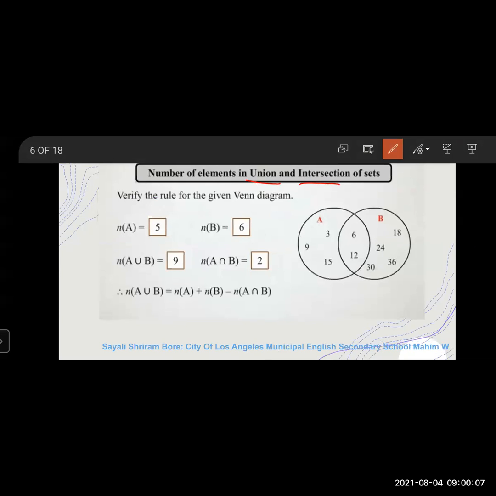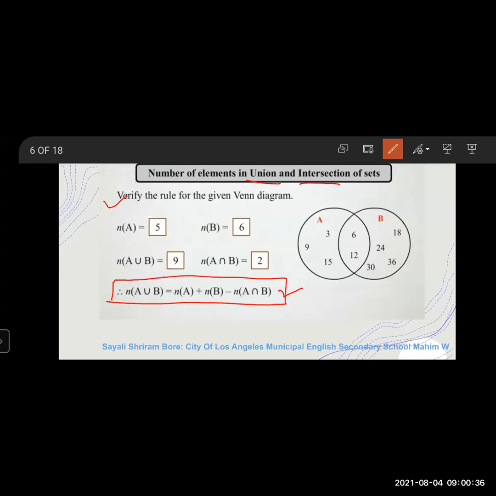I have used this union and intersection because this is the formula that we are going to use today for solving the sums, whether it is a word problem or an individual problem. So this is the formula that we are going to use in today's lecture. Now, verify the rule for the given Venn diagram. Verification we will see later on.